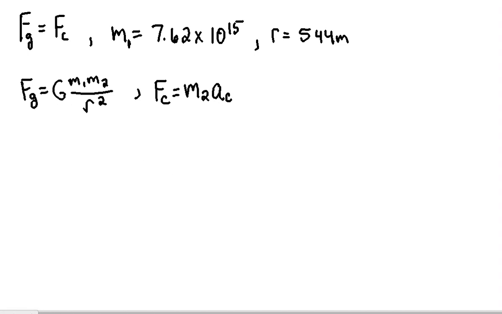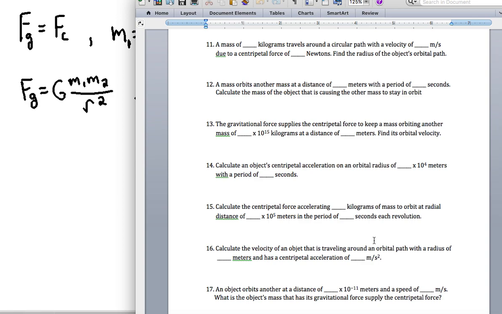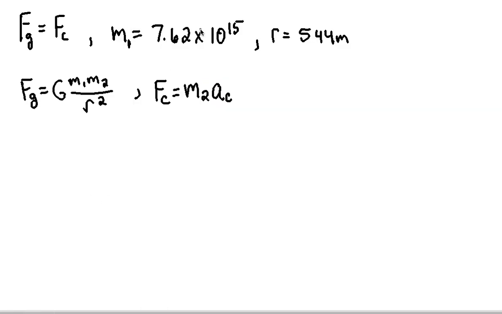Now, let's take a step back and look at what we are being asked to find. We're being asked to find the orbital velocity. Right now, neither of our equations have the orbital velocity in it. But one of those has a formula for it.